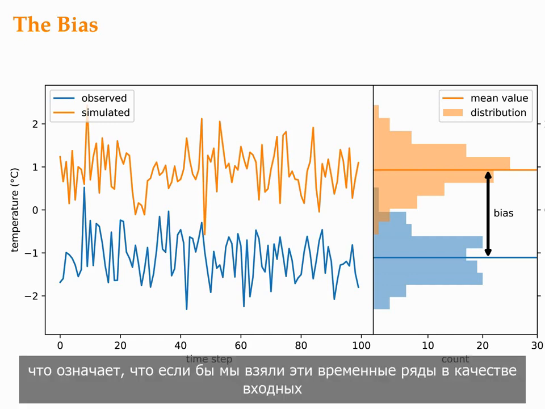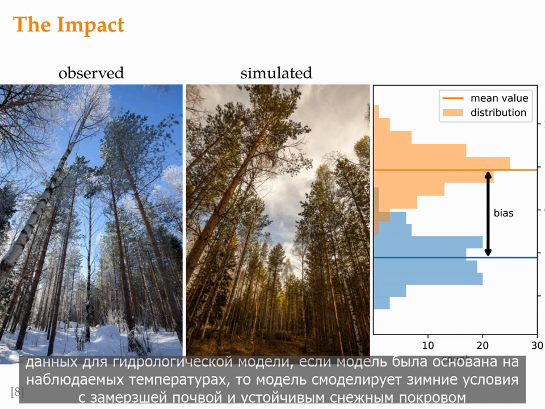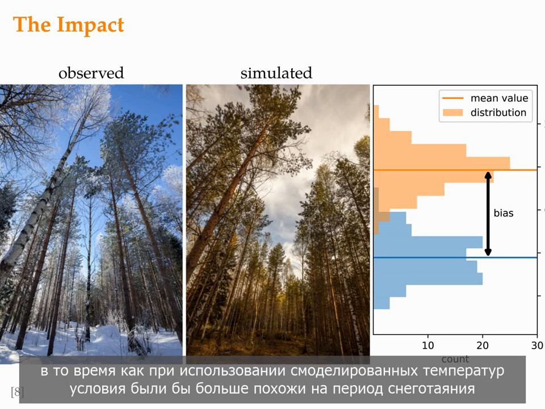Which means that if we took those time series as input to a hydrological model, if the model was driven with the observed temperatures, then the model would simulate winter-like conditions with frozen soil and a stable snowpack, whereas if driven with the simulated temperatures, the condition would be more like in the melting season.